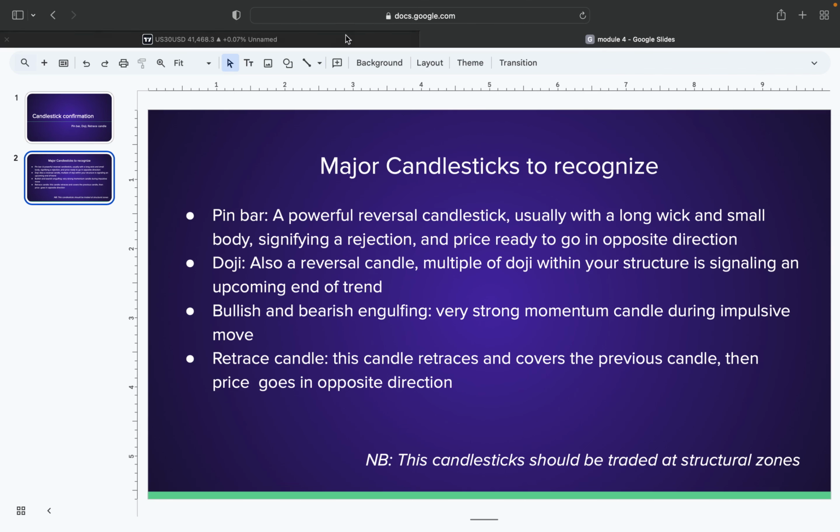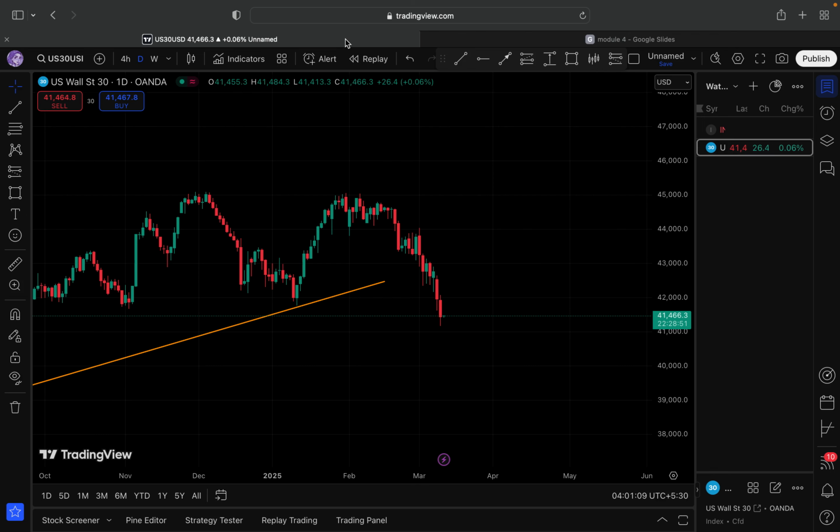These are the 4 major candlesticks you will be needing to know to trade this strategy as an extra confirmation. Now I want you to know that these candlesticks should only be traded at structural zones. Yes, they should be in line with major patterns or structural zones, maybe like a trend line, where you see a retrace candle on a trend line.